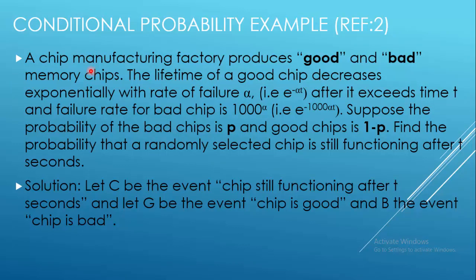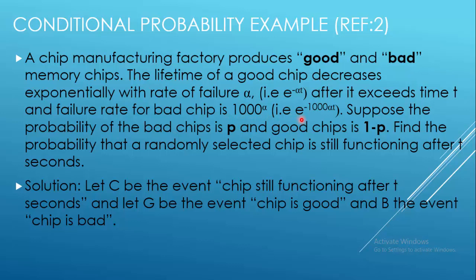There is another example of conditional probability. A chip manufacturing factory produces good and bad microchips. The lifetime of a good chip decreases exponentially with rate of failure alpha, so that is e raised to power minus alpha t, after it exceeds time t, and failure rate for bad chip is 1000 alpha.